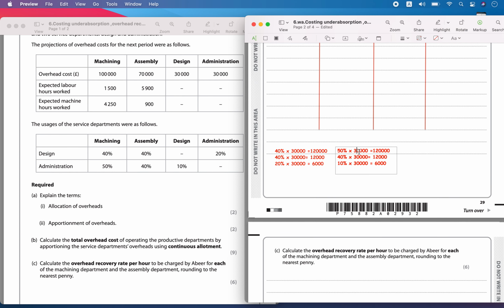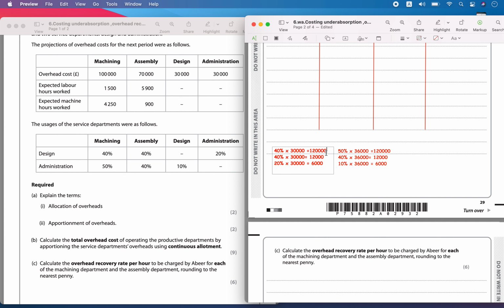The value I am going to apportion is 36,000. 50 percent of 36,000 is 18,000.